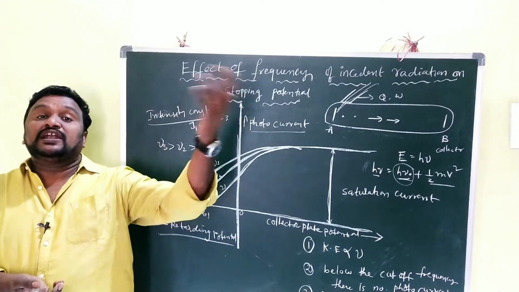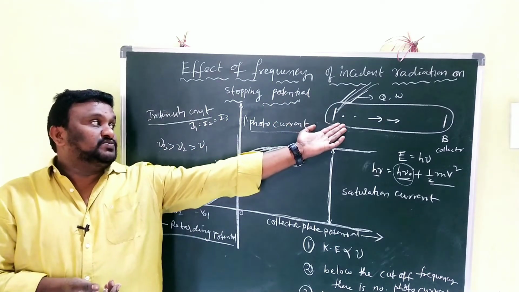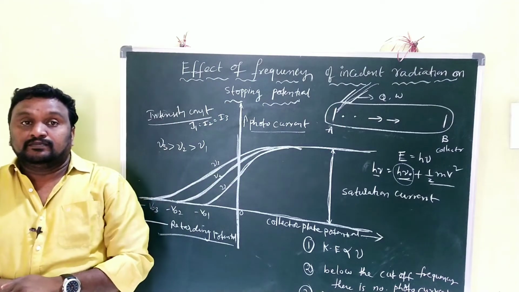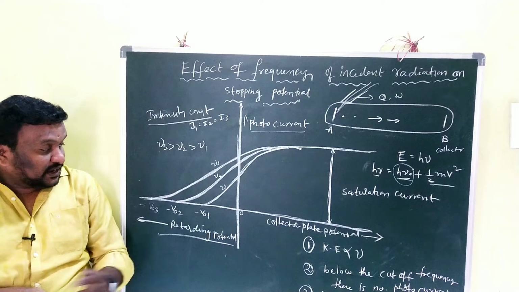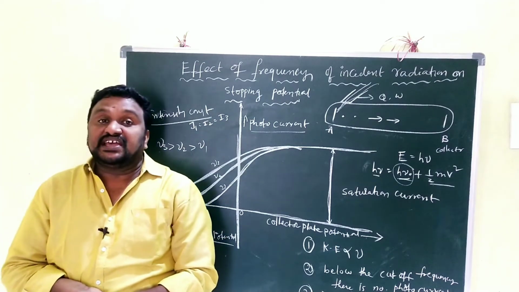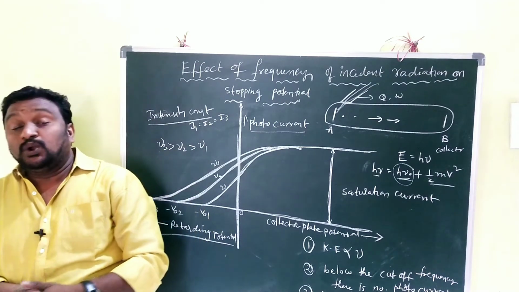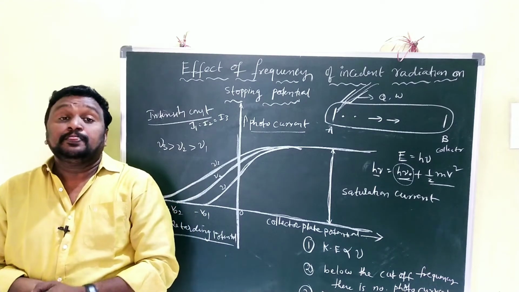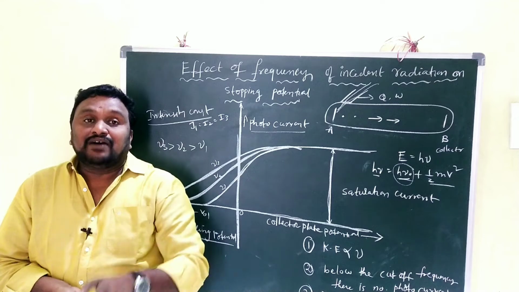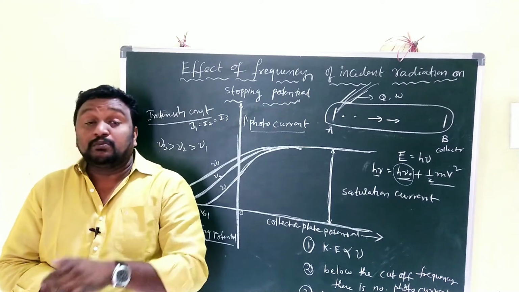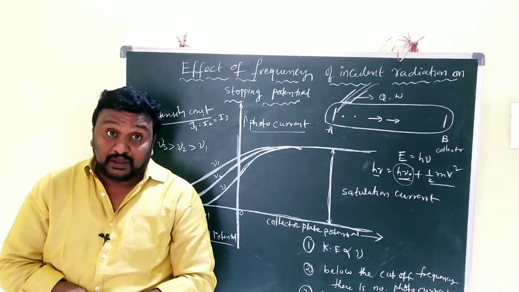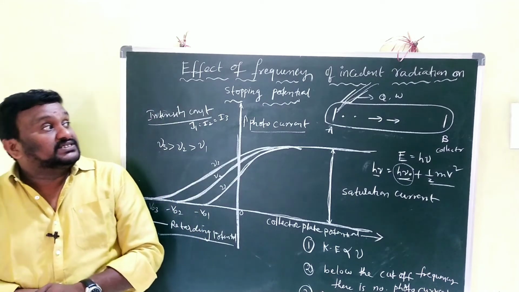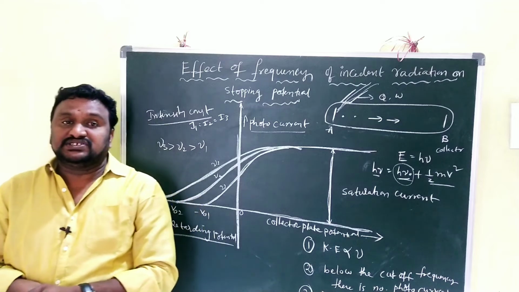When we take different types of materials, for example first one type of material and next replace it with another, then we also get different threshold frequencies and different stopping or cutoff potentials. That is what you have to learn: different metals have different stopping potentials and different threshold frequencies. So children, this is about the effect of the frequency of incident radiation on stopping potential.